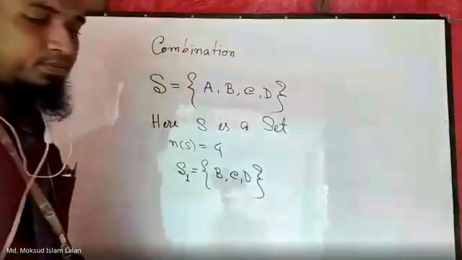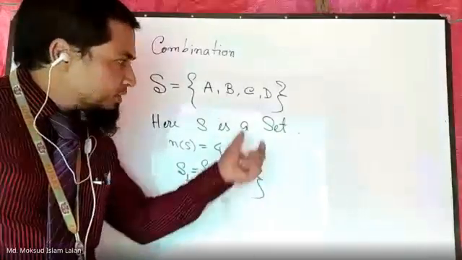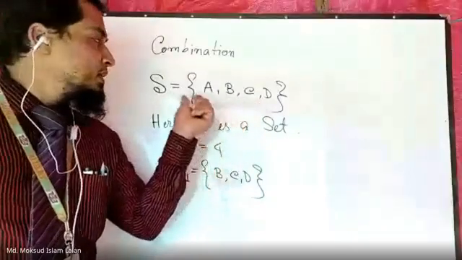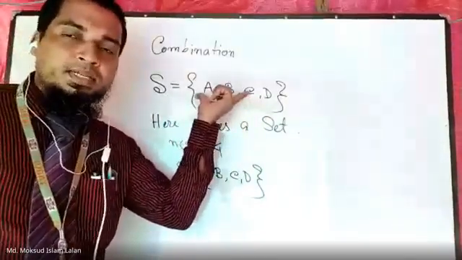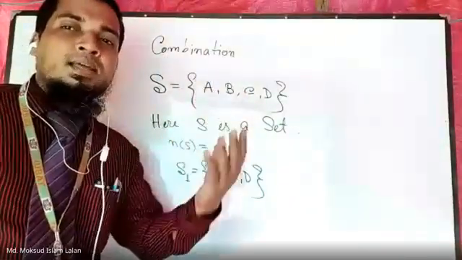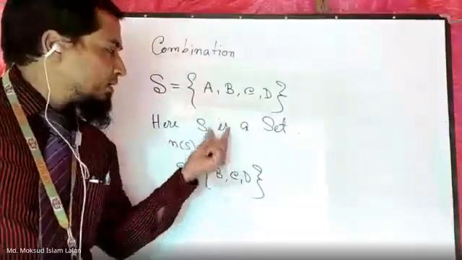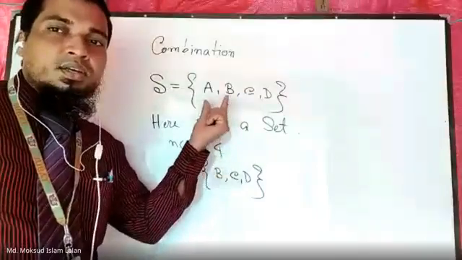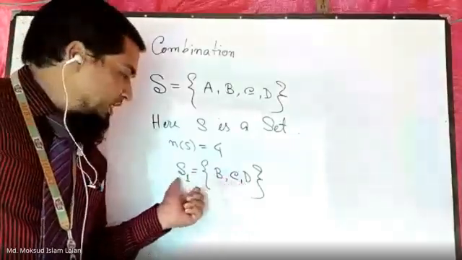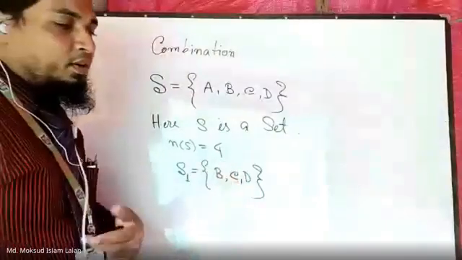You need to make a subset from this set of four elements whose elements will be three. So S1 is a subset and it has three elements. Would you please explain what will be the other chance?